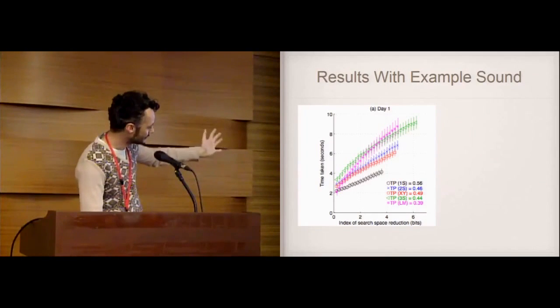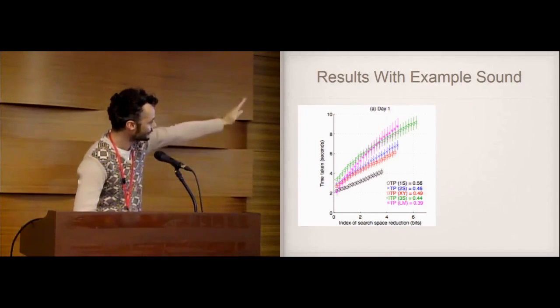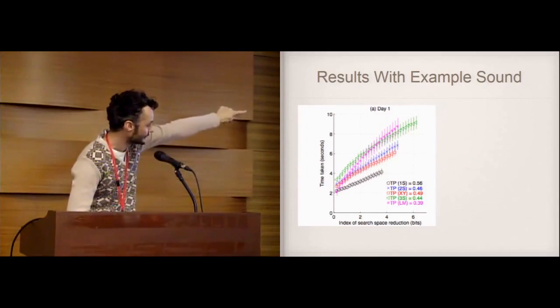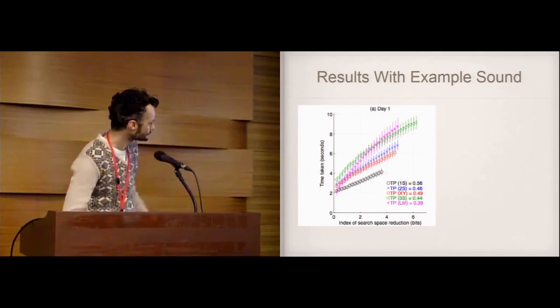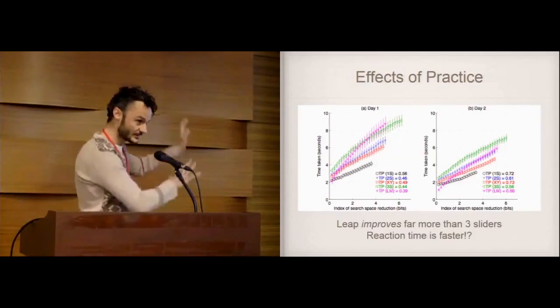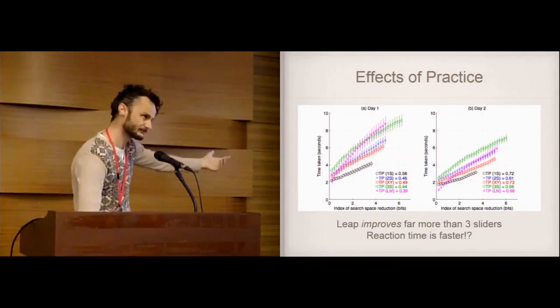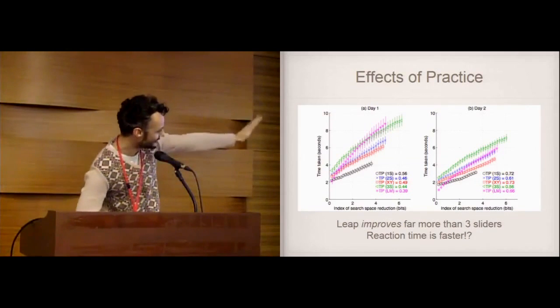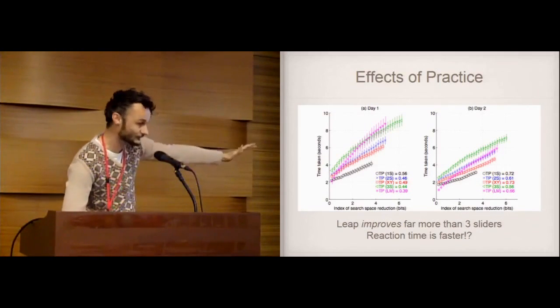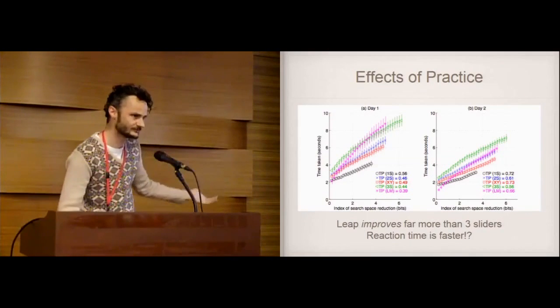And you can see that the leap motion starts off being faster, but then it takes more time to reach a certain amount of accuracy, about 4 bits. After they'd had a bit of practice, everything got better, but the leap motion got much better. And the gradient's gone down to match the sliders, and the reaction time was much faster.